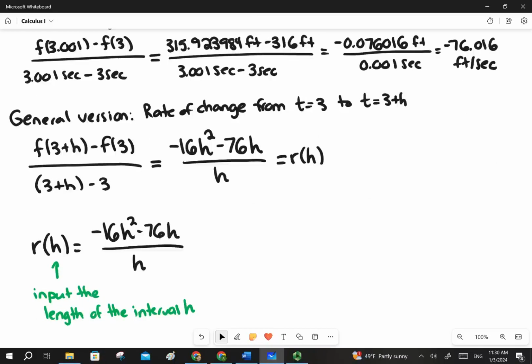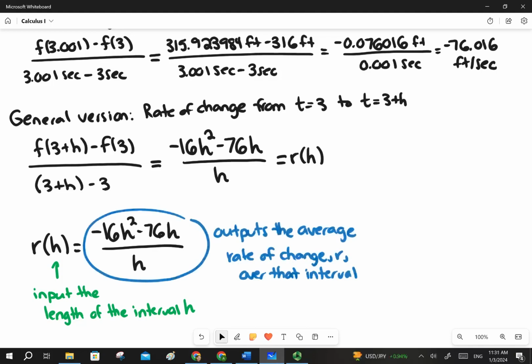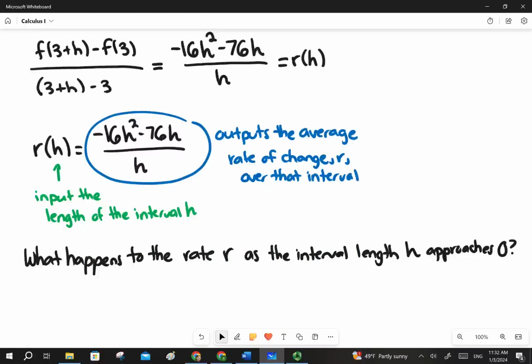The way that this function works is you input the length of the interval h, and it outputs the average rate of change r over that interval. Then we could ask ourselves, what happens to the rate r as the interval length h approaches 0? And we could attempt to answer that question by plugging in values for h.